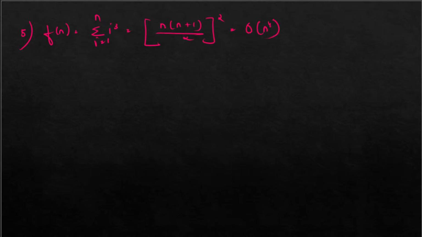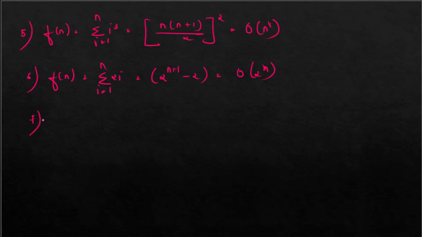Now the fifth one is f of n equals the sum of i cube for i equals 1 to n, which is n into n plus 1 by 2 whole square, so this is big O of n to the power 4. Sixth is f of n equals the sum of 2 to the power i for i equals 1 till n, which is 2 to the power n plus 1 minus 2, so this will be big O of 2 to the power n.